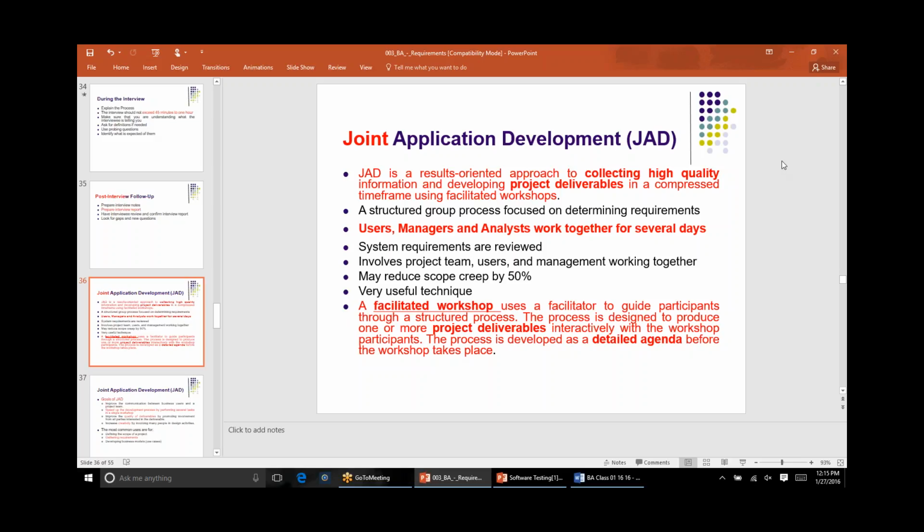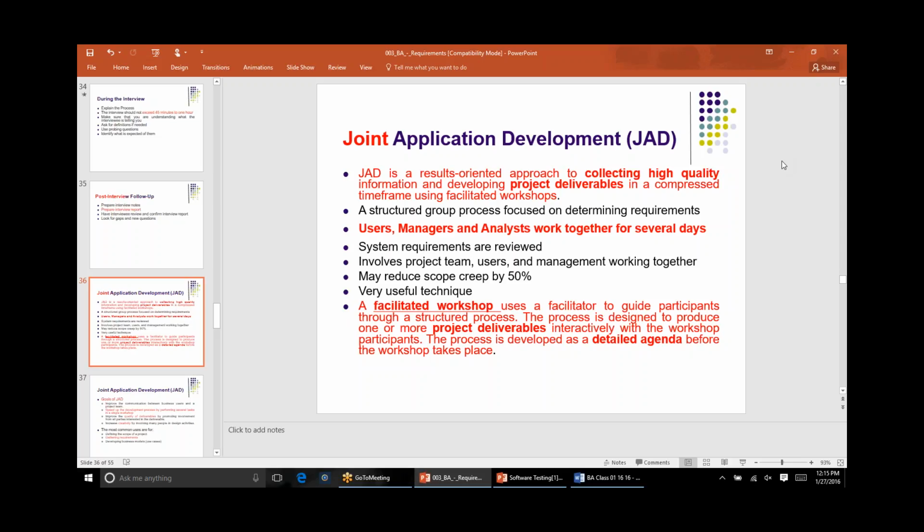Workshop is a term which is very commonly used in the real world. For business requirement gathering, we are doing a workshop.